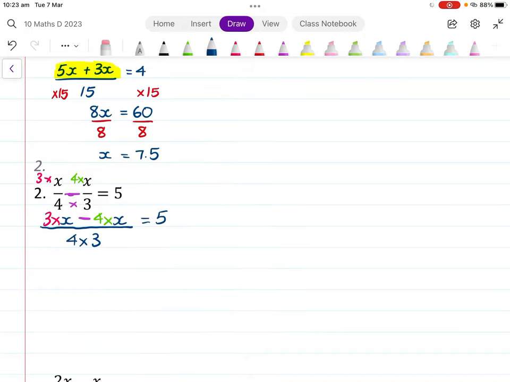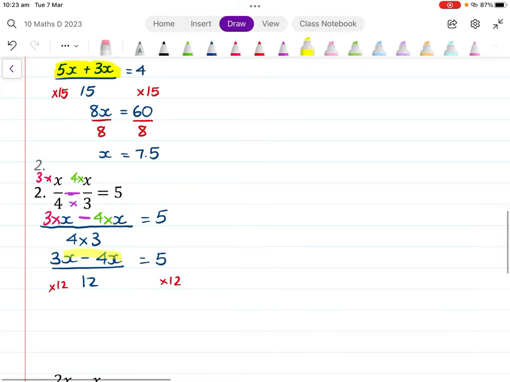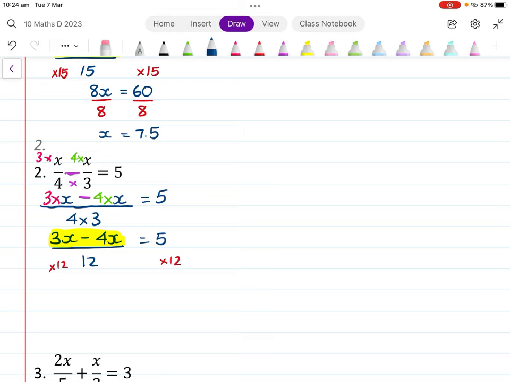So then we just multiply on our tops. So we have 3x minus 4x all over 12 is equal to 5. We then want to get rid of this denominator of 12, so we're going to multiply both sides of our equal sign by 12. 5 times 12 is equal to 60, and at the same time we have like terms on our numerator of 3x minus 4x, so we want to perform this operation.